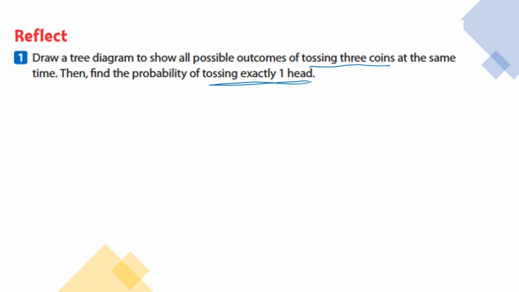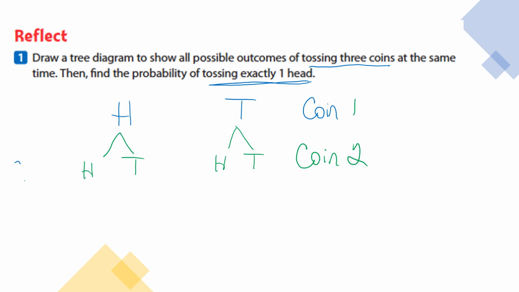So let's make our tree diagram. When you toss your first coin, you can land on a heads or a tails. So that's coin number 1. When you toss the second coin, it has that same option. It can land on heads or tails. And then when we toss the third coin, we need to branch off, and it also can land on heads or tails.